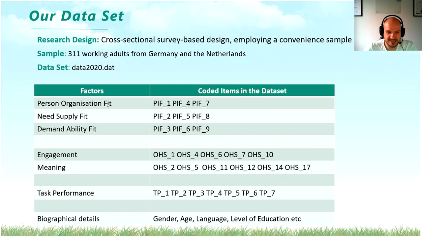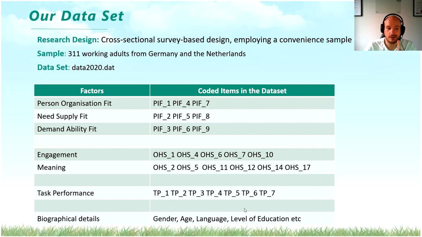Person-organization fit is made up of items 1, 4, and 7, needs-supply 2, 5, and 8, and so on and so forth. This is theoretically how the instrument measures each of these factors. Same with engagement, same with task performance. We also have some demographic variables in place, like gender, age, language, level of education, etc. So this is our data set.